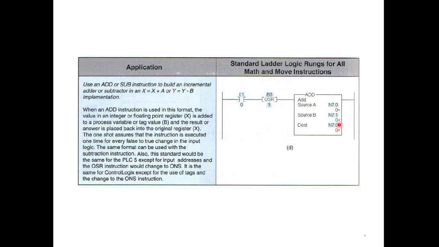So what it means is that I keep on incrementing by 1. Let's say N71 is 1. Whatever initially is 0, so 0 plus 1 will be stored in it. So it will become 1. Then 1 plus 1 will be 2. 2 plus 1 will be 3. So on and so forth. But if you want to do that, you always have to use a one-shot register.